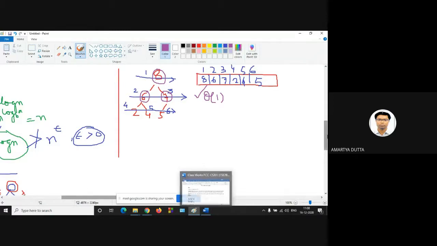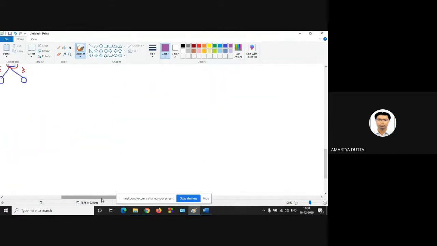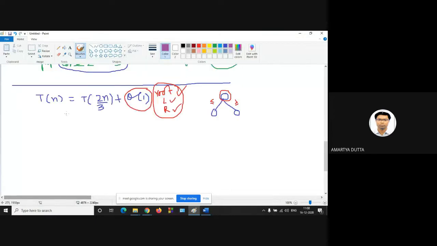Now the worst case scenario. In the worst case, each subtree has size at most 2n/3. Suppose this is the binary tree, this is the heap.